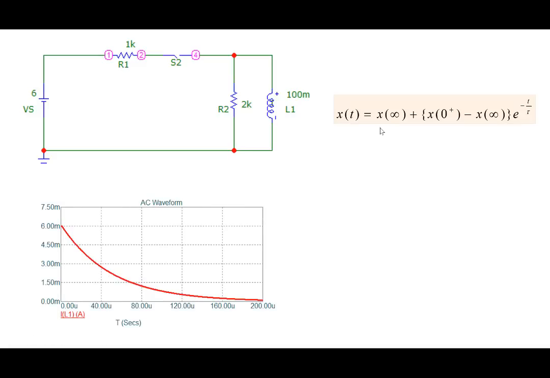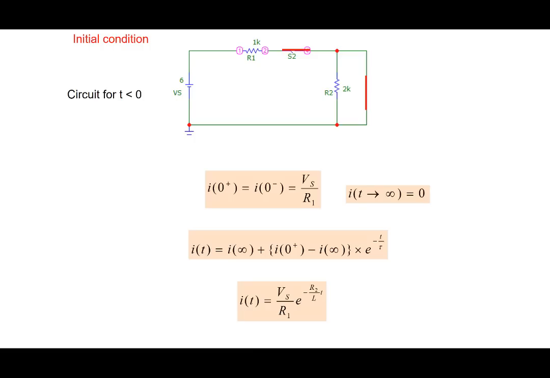Now, suppose you were asked to calculate the voltage across the inductor. What we did was we had calculated the current across the inductor, and we know V equal to L di by dt, so we could have found out the voltage here.